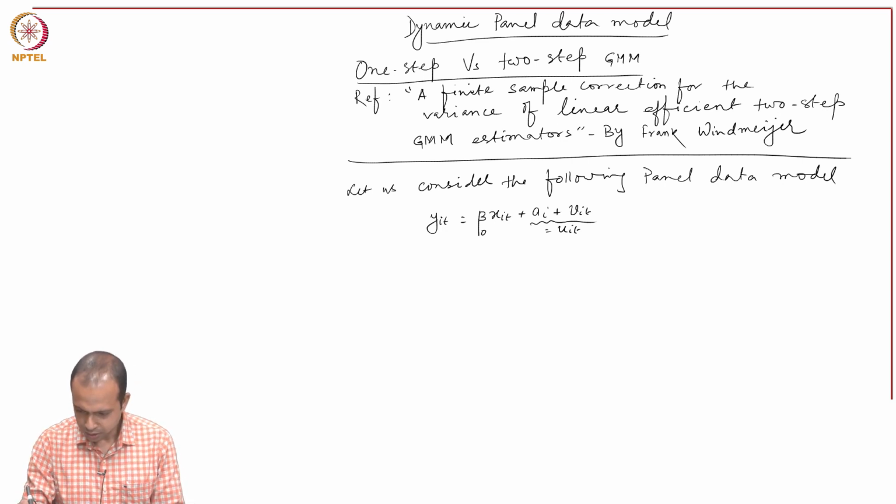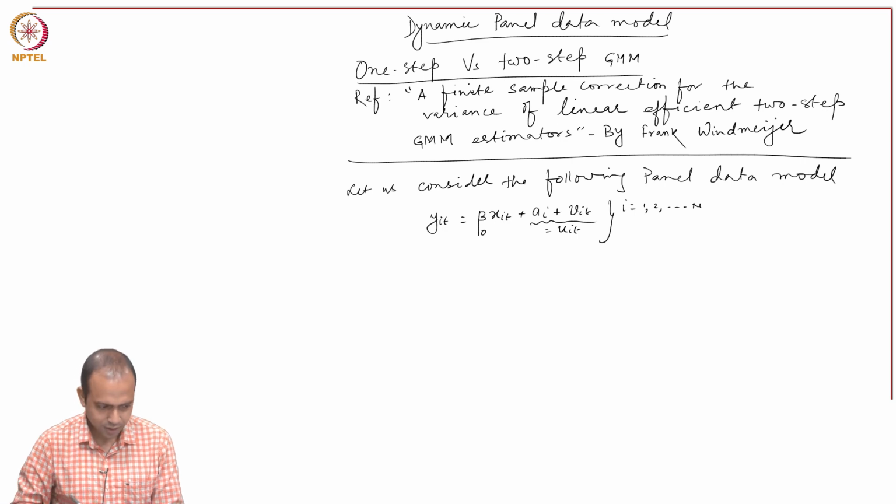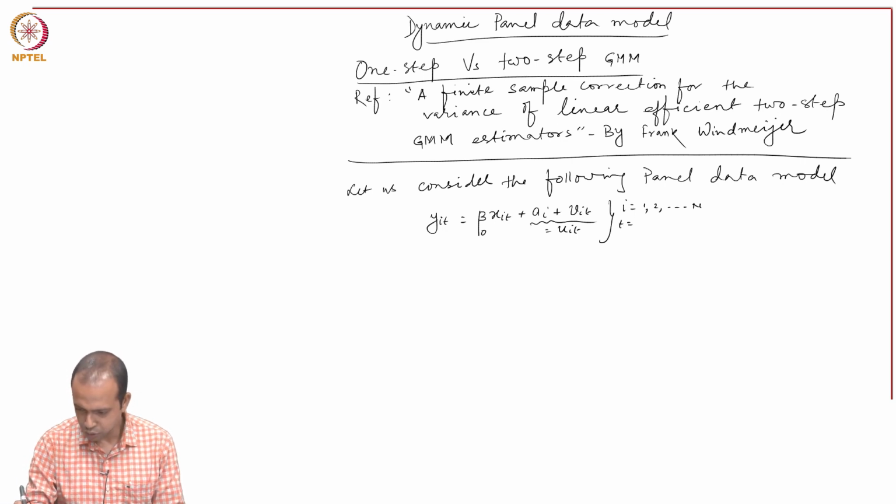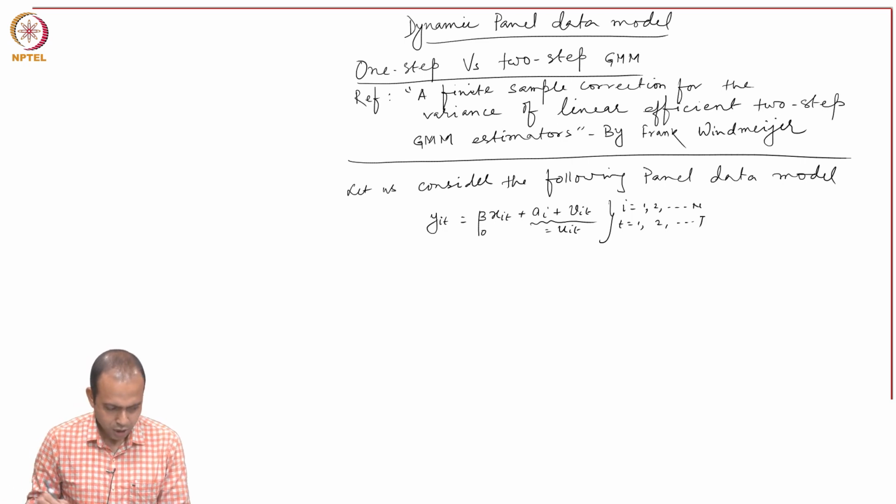And then we assume that i is basically 1 to n and t equals 1 to capital T.